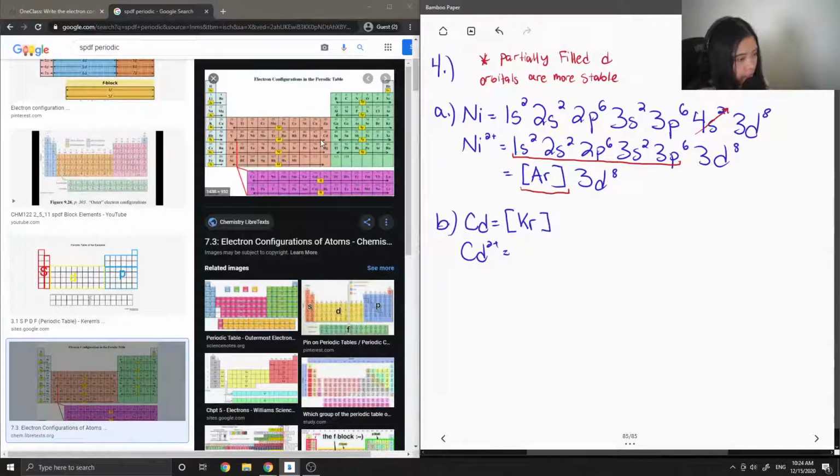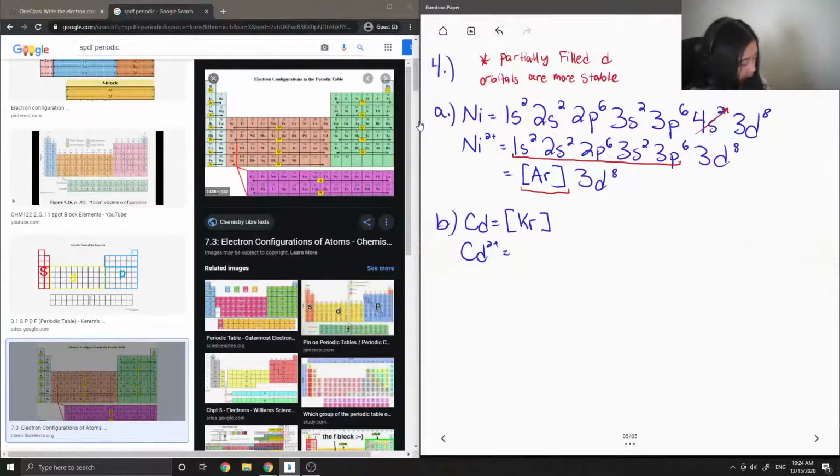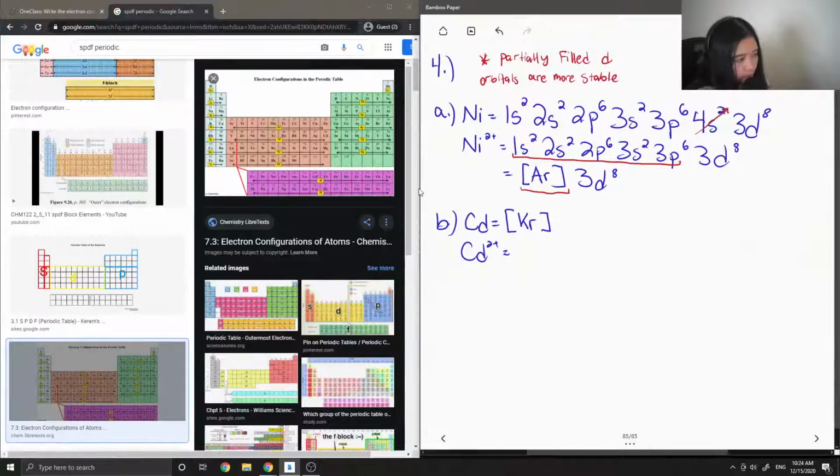I'll put that in square brackets, and then starting at row 5. Okay, so cadmium's right here. And we are going to write 5s2 4d10.